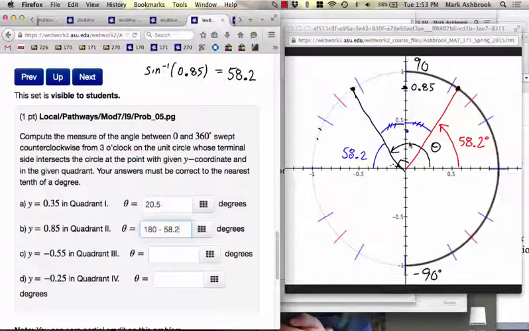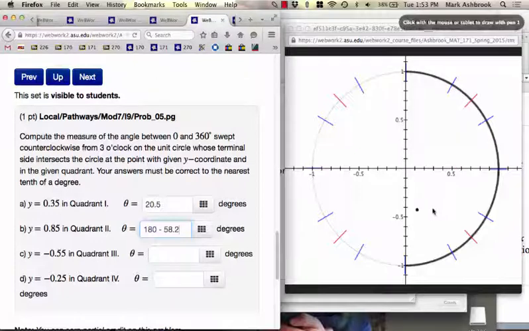So you want to add 90 plus that angle that you found to get this black angle. You see it? So another way to do it would be take 90 minus 58.2, take that result, add it to 90, and that would take you all the way to here.